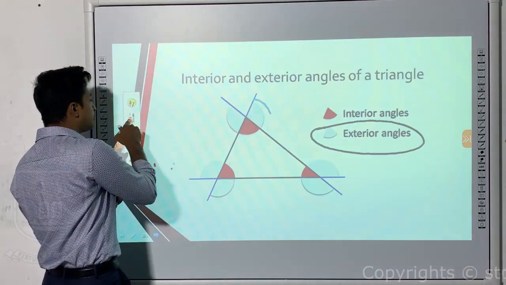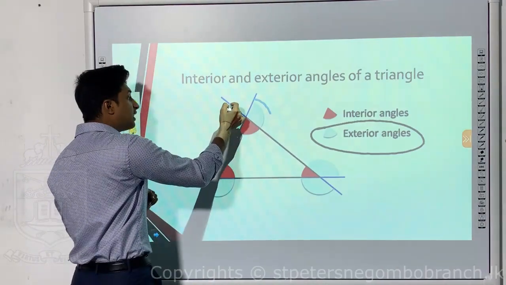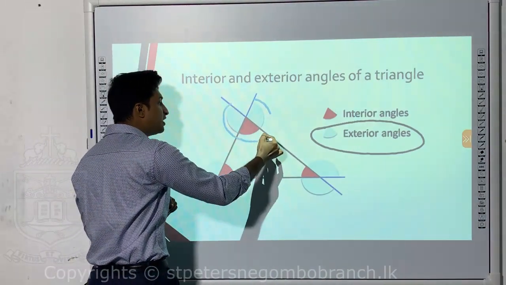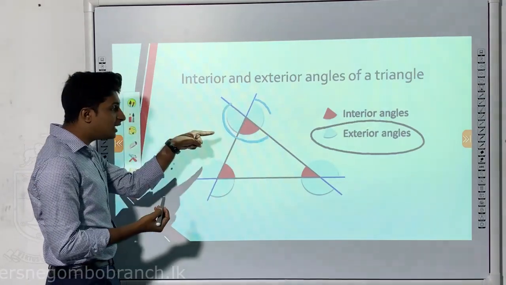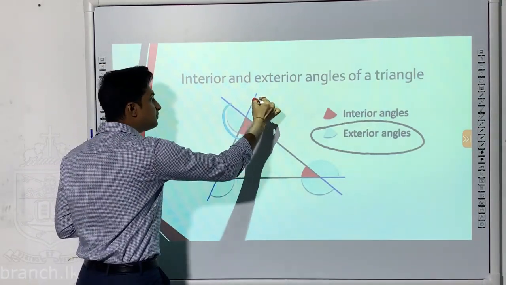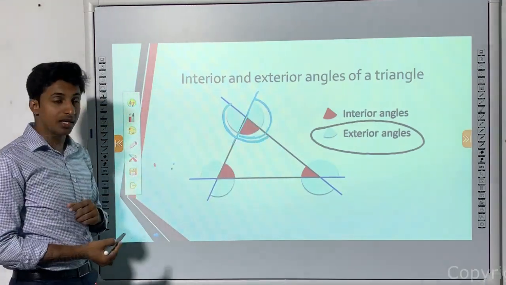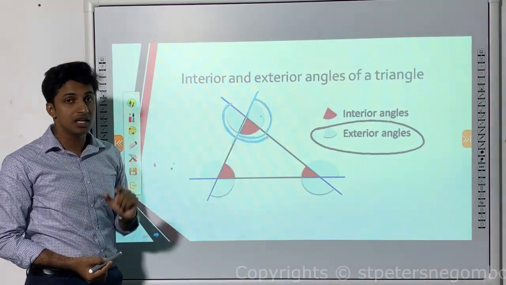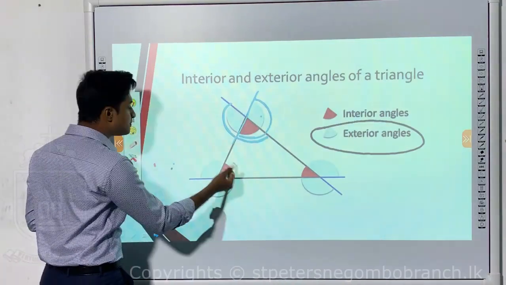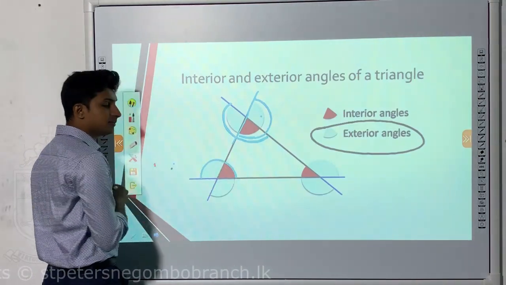So remember very carefully, to form an exterior angle, it has to form a 180 degree angle, or a straight line, with the interior angle. Even here you can do that. See, it is also forming a straight line. So these two can be taken as exterior angles. If I consider this part as the interior, then this is the exterior angle. Why?